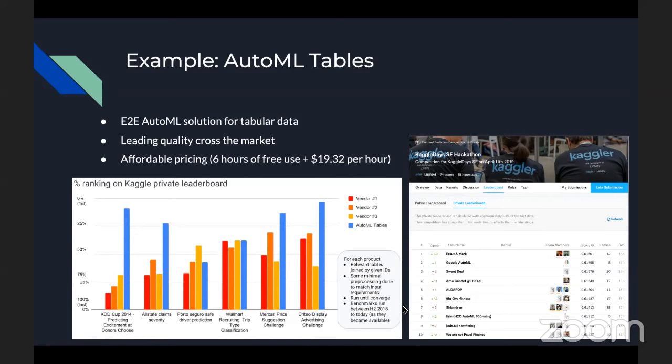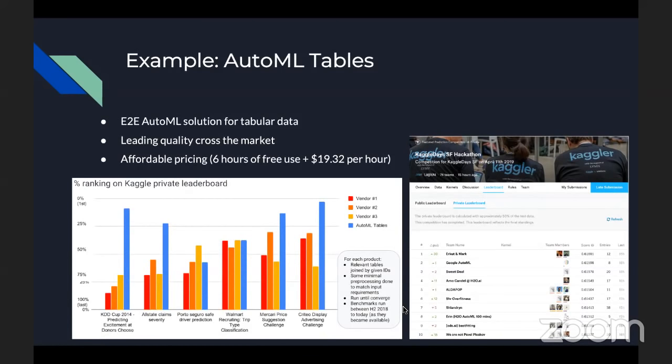With this product, we are not just focused on automation or productivity. We also want to make sure that it has state-of-the-art quality across the market. We benchmarked this product across multiple Kaggle competitions against other similar products from other vendors. And you can see the blue bar is our product. It actually could do better than all the products in the market.